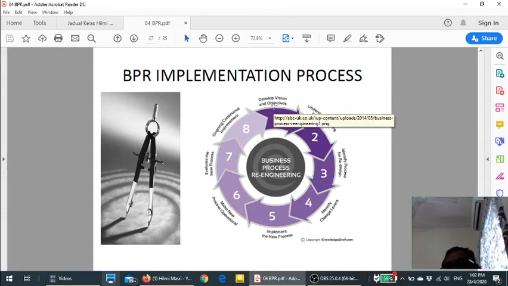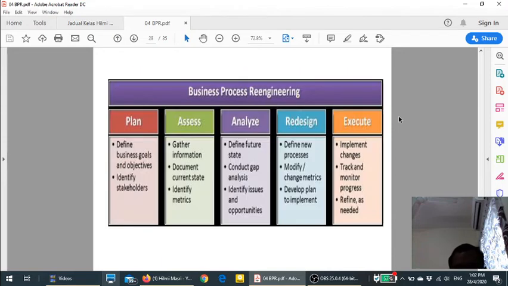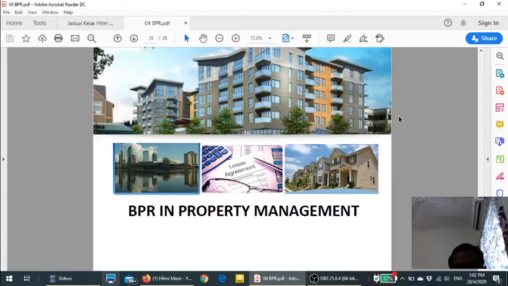From this stage, maybe you don't develop the new vision and objectives anymore, but you make some changes. Okay. Using the plan, assess, analyze, redesign, and execute process is also relevant towards BPR, business process re-engineering.